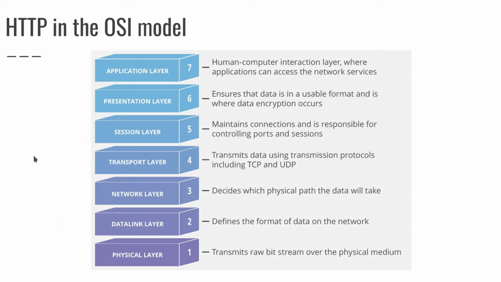When we look at the classical OSI layer model, HTTP is in the application layer, usually based on TCP in the transport layer and IP in the network layer. This is usually what we refer to as the web: HTTP over TCP over IP.